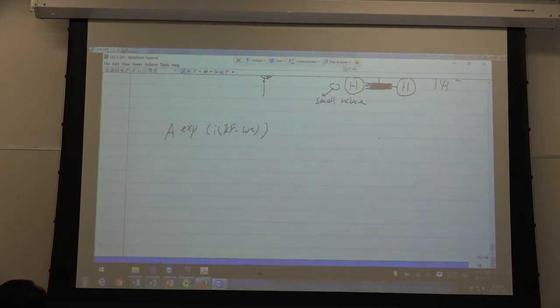I substitute it into i h bar partial t phi equals the Hamiltonian, which is kinetic energy plus potential energy, but the p here is an operator.